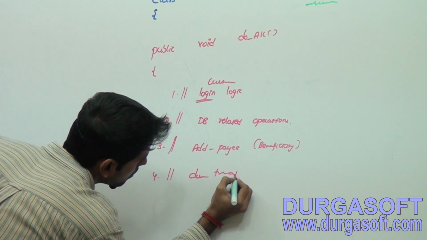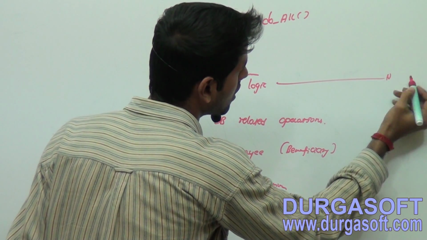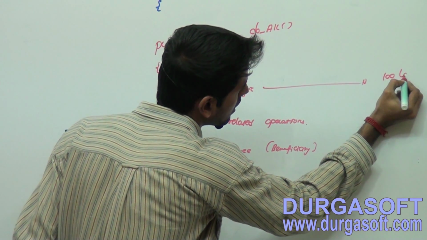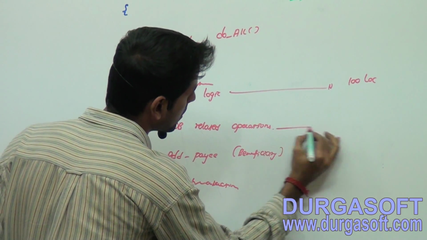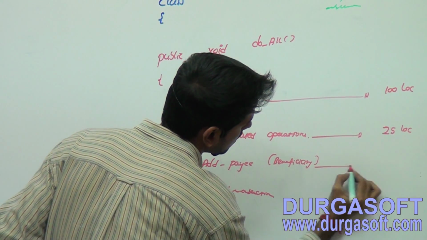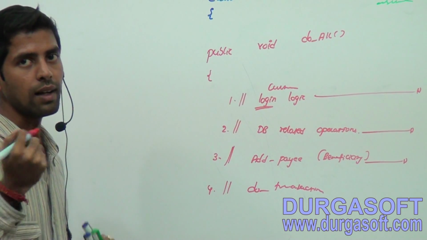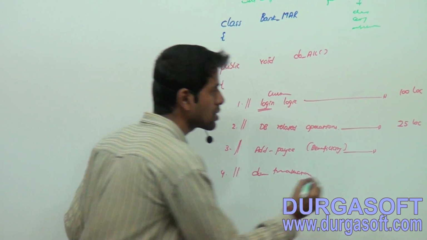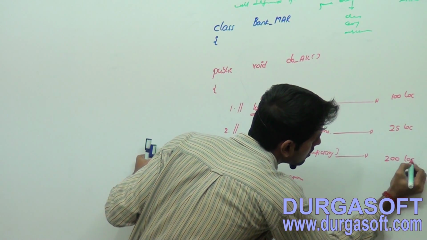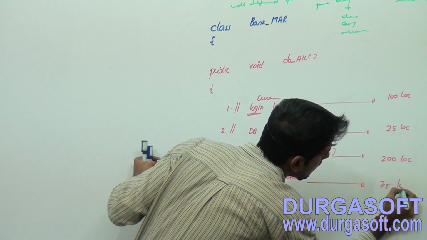Now observe here, this login logic has some 100 lines of code. This database related part has some 25 lines of code, this one has some 200 lines of code, and this one has some 75 lines of code.